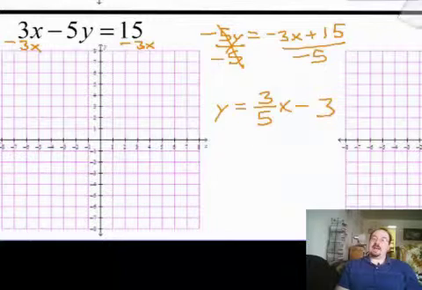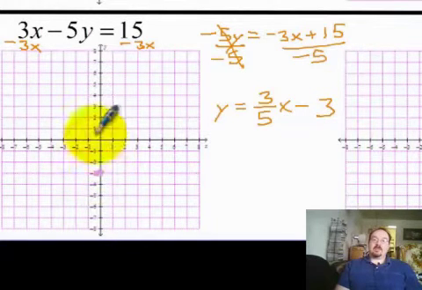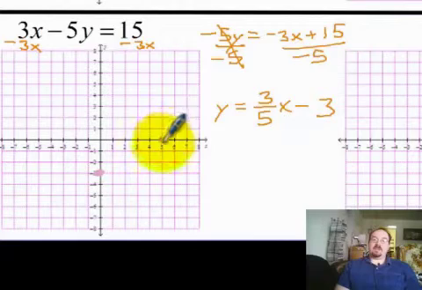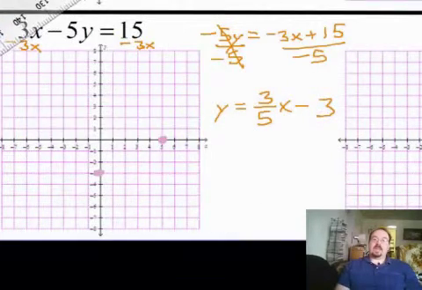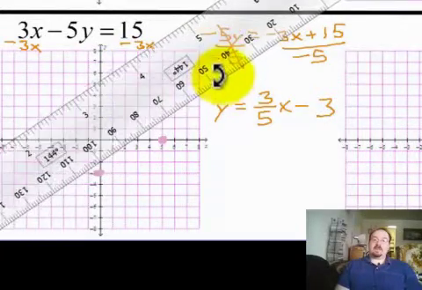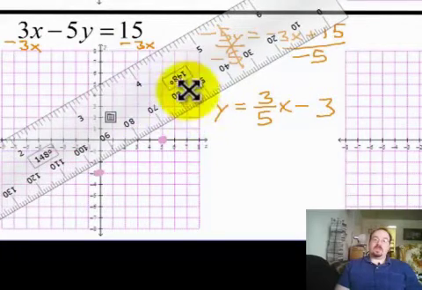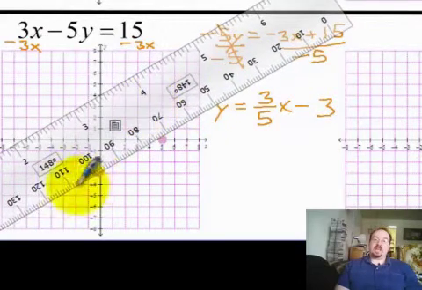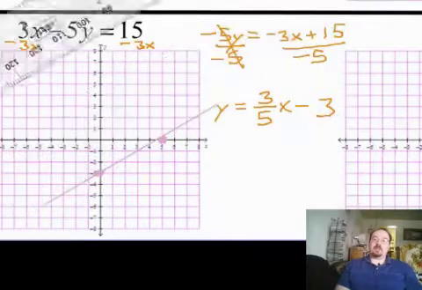So for this graph, I am going to start at negative 3, and I'm going to go up 3, right 5, and I will connect both those dots with a nice straight line here, and that gives me my linear equation. So remember, we started on negative 3 on y, and then the slope told us to go up and over. That's our rise over our run.